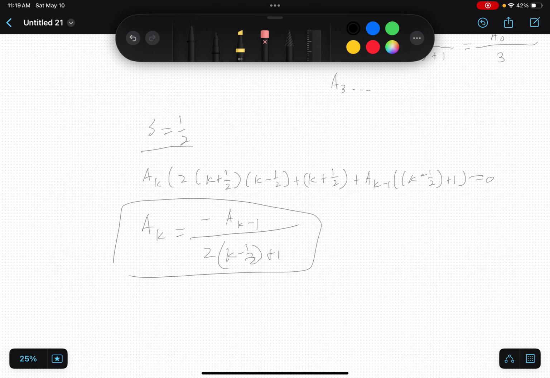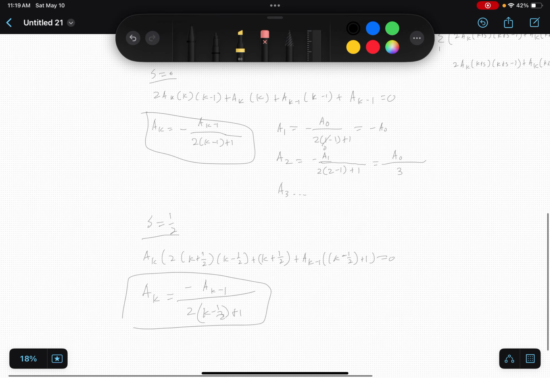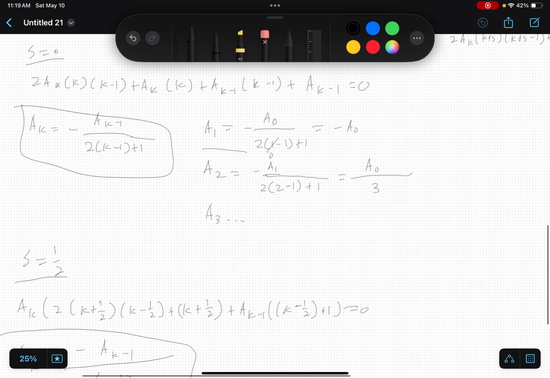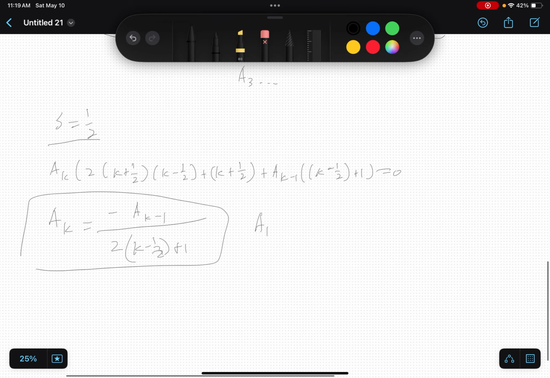Okay. And then exact same method as up here. Plug in a1. a1 equals negative a0, because k minus 1, or 1 minus 1, is 0, over 2 times negative 1/2 plus 1. What would that be?